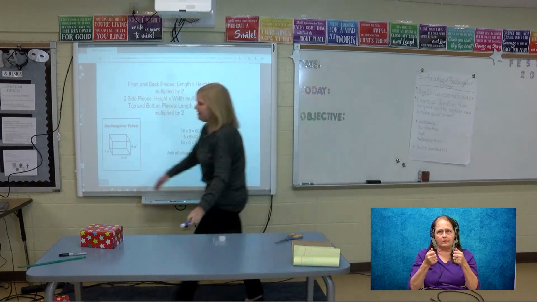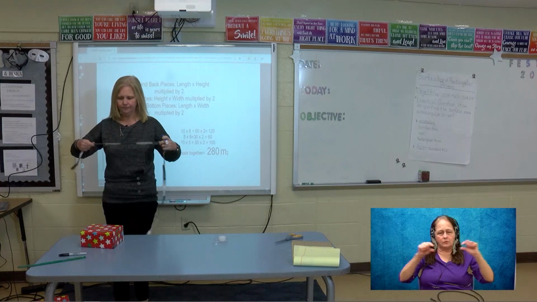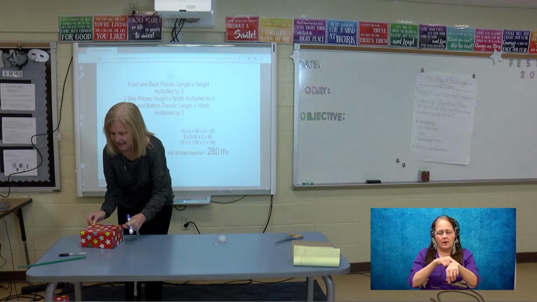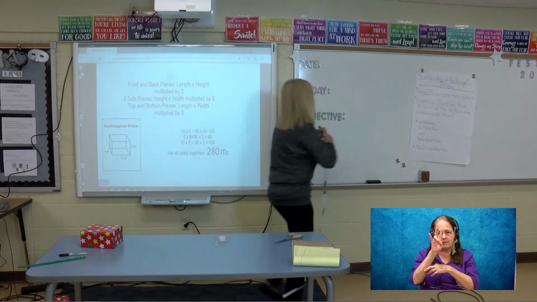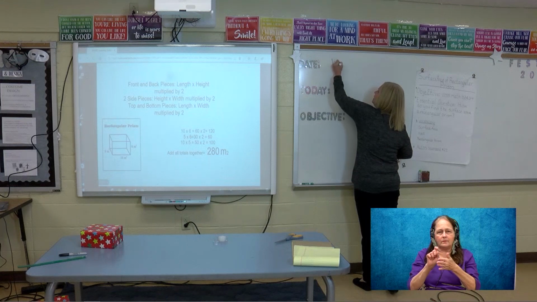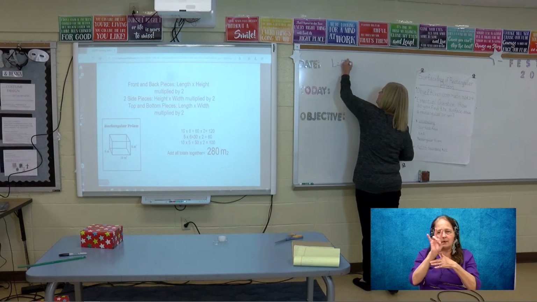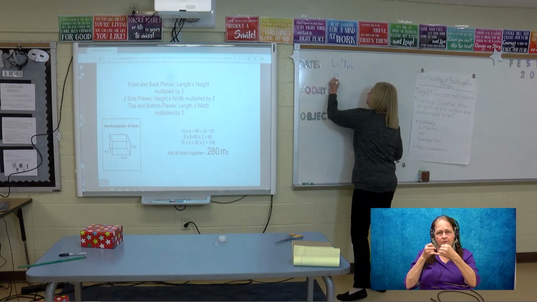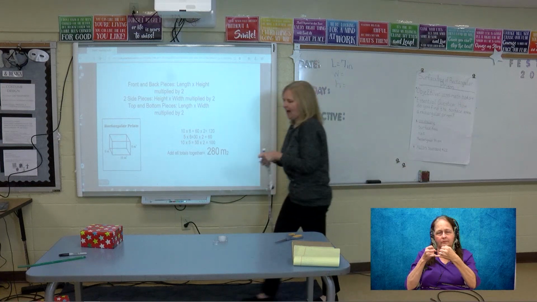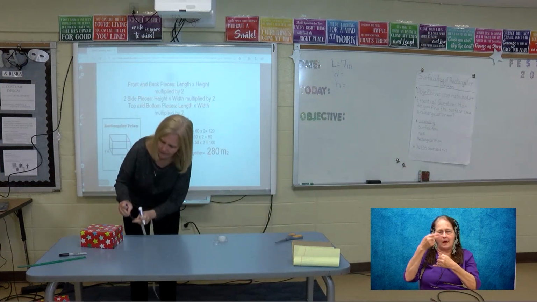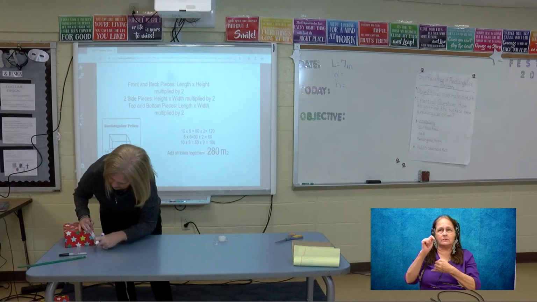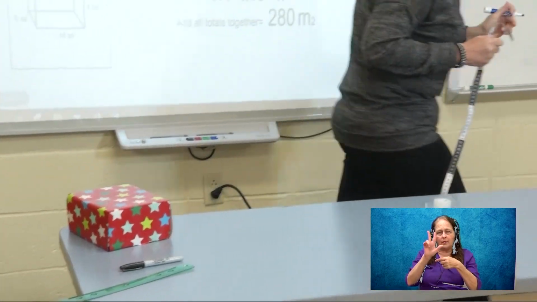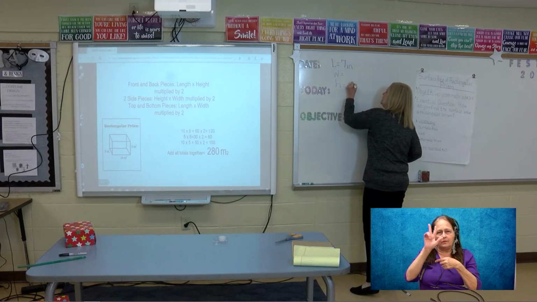Okay, so I have a tape measure. I have the length as 7. So we're going to write L equals 7 inches. The height of this box is about 3, so it's 3 inches.